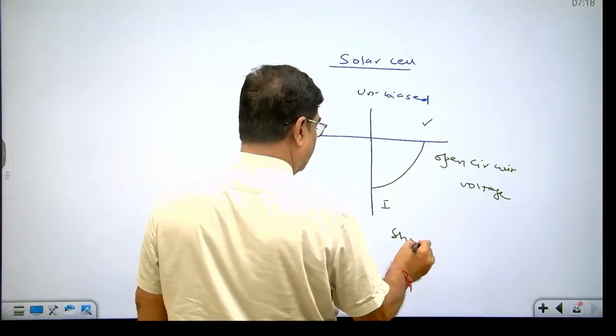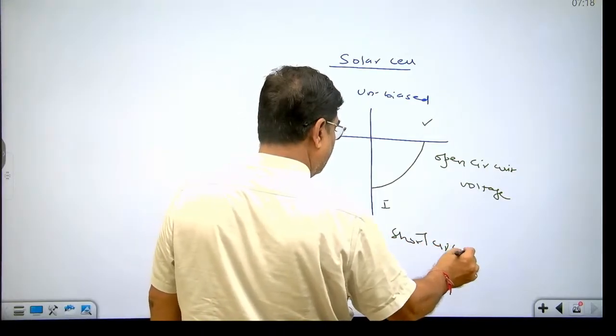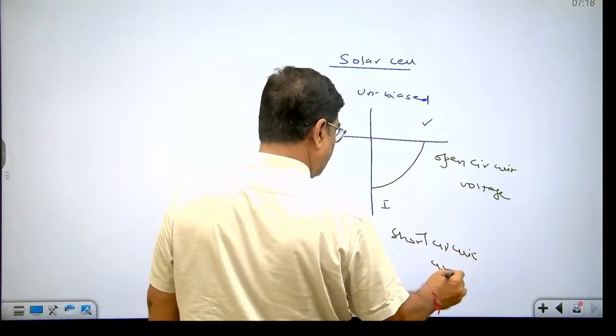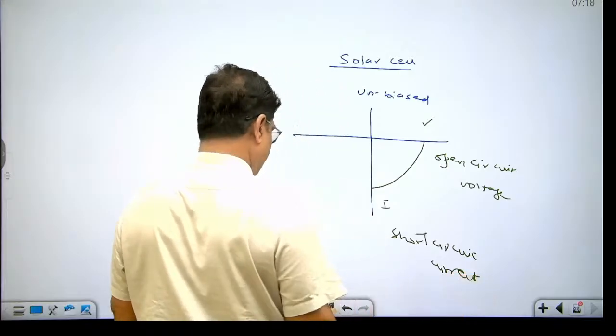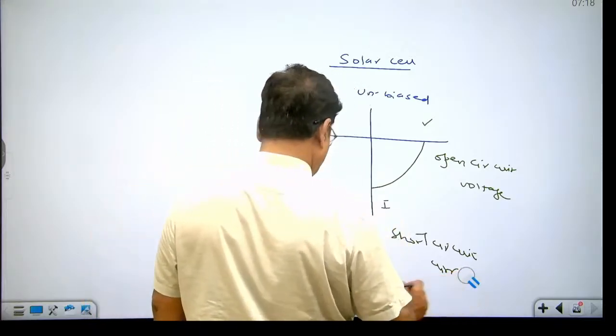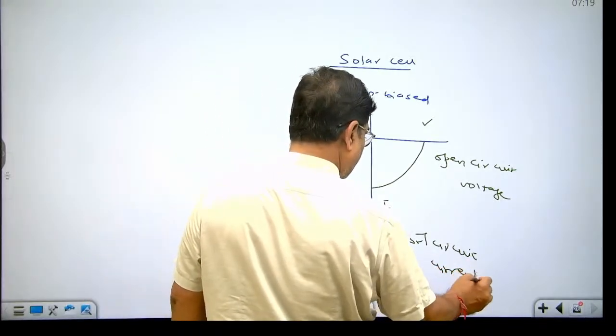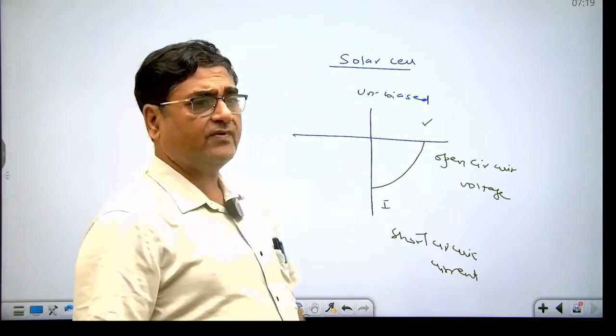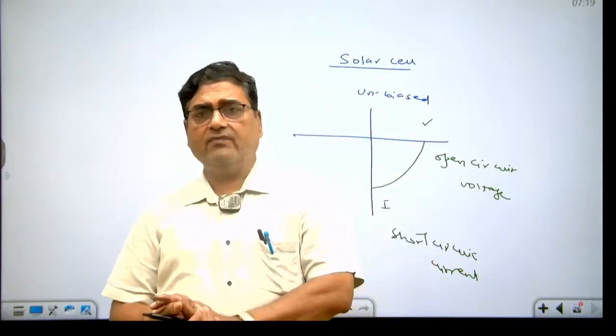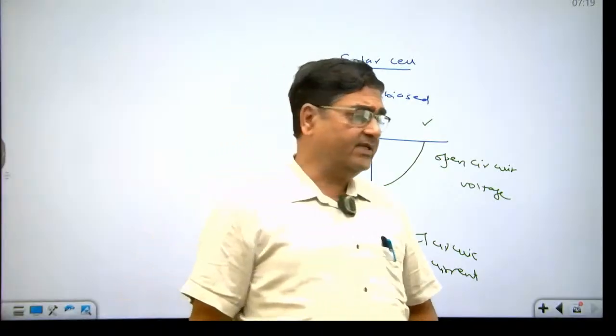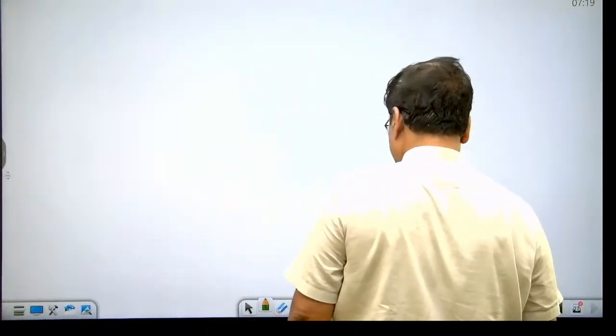This is short circuit current. So dear student, this was all about the working of PN junction, and let's see some more examples for the diode.